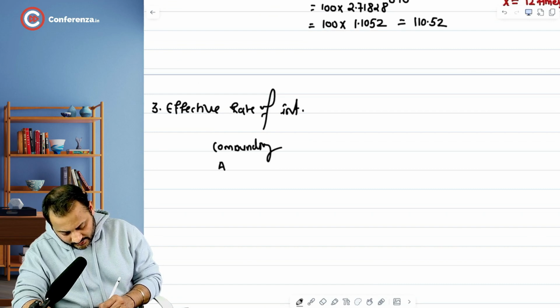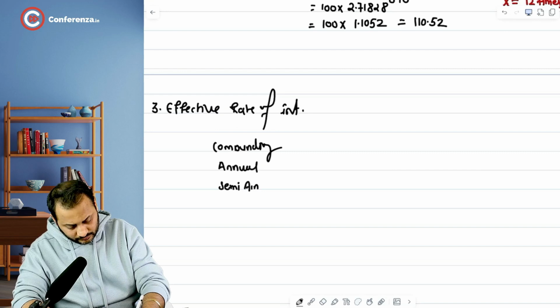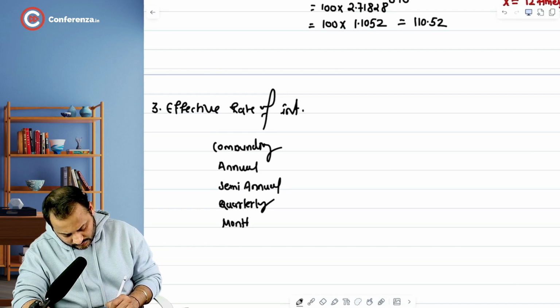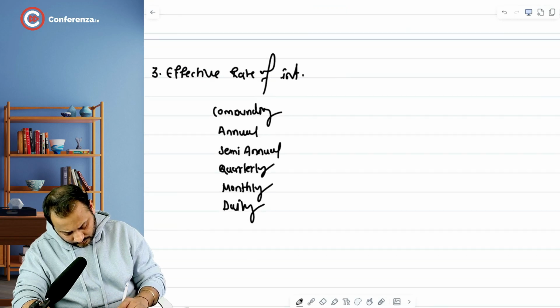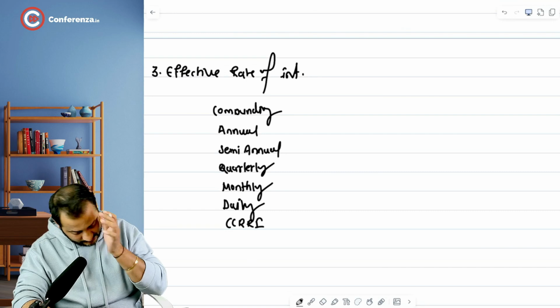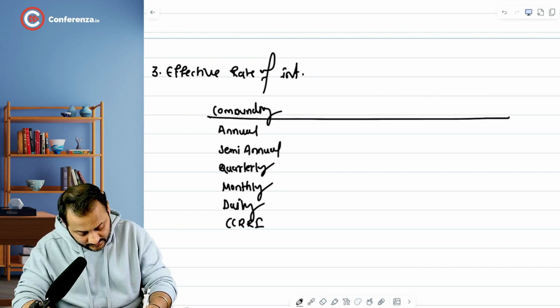Compounding, I will keep it annual, semi-annual, quarterly, monthly, and daily, or we can say continuous compounding. We will write it like this, CCRRI. I will explain it later.